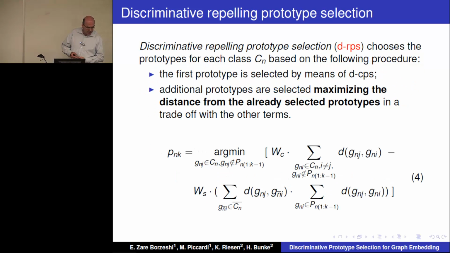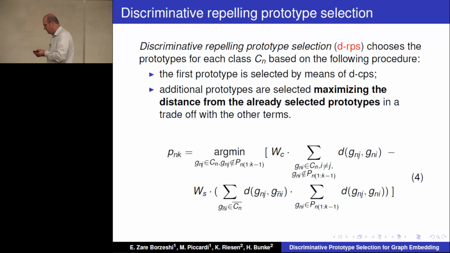This technique is the repelling prototype. The repelling prototype selection has another idea, that every time I choose a prototype in my class, I will try to choose another prototype that is far from the prototypes. Not just far from the remaining graphs, but this time to increase the scatter amongst prototypes.